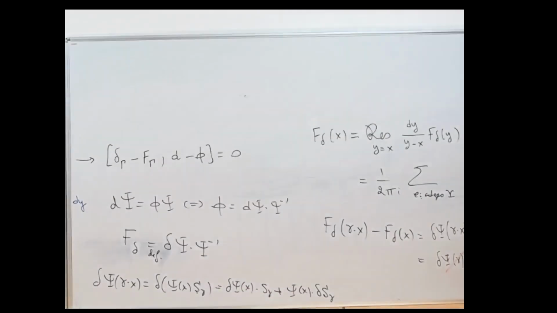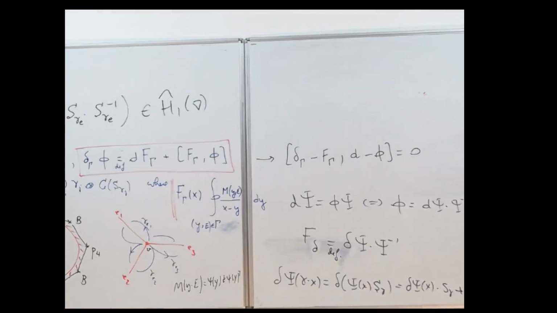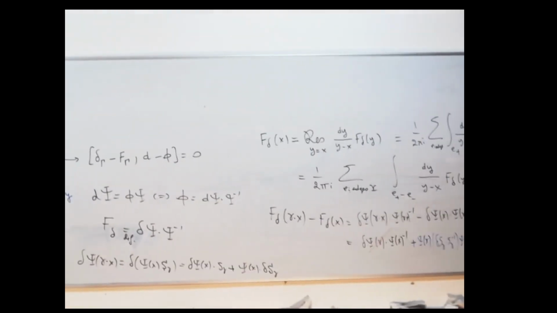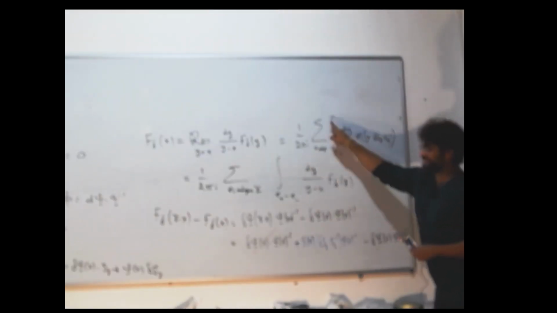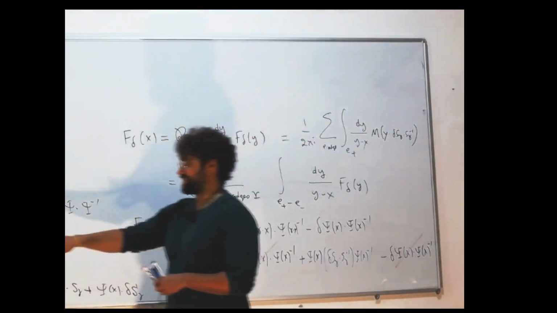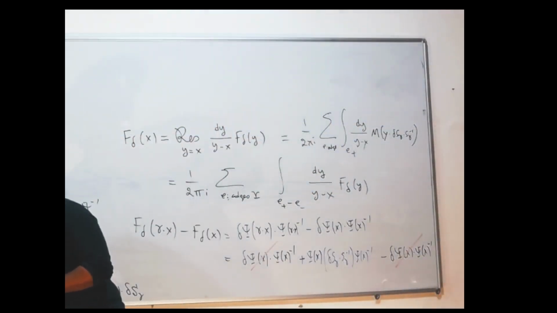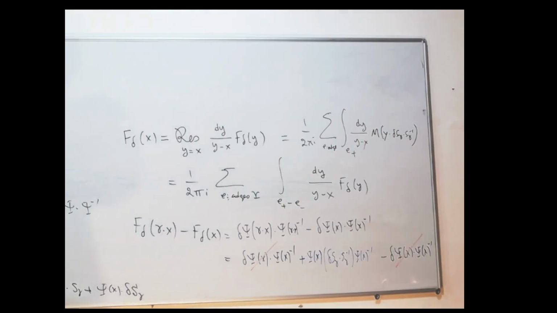So here this is m of y, because it's a y here, dot delta s gamma inverse. And this here is exactly that, with gamma being this.